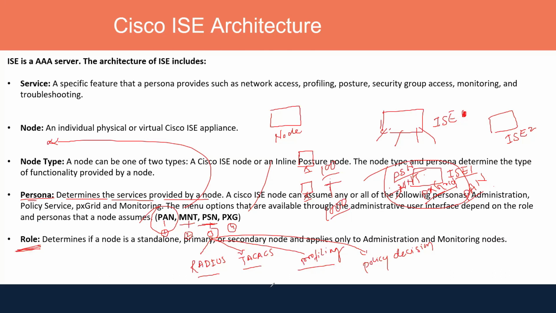So now on ISE 2, you just made it live, and on ISE 2 you are running PSN services only. You are saying that if a user is coming, it should be authenticated via ISE 1, and if the devices are coming, it should be authenticated via ISE 2.